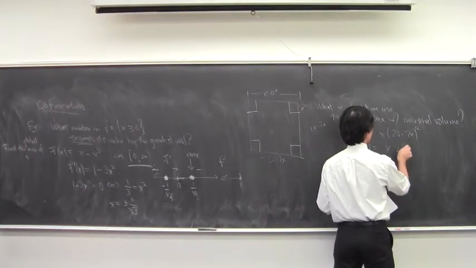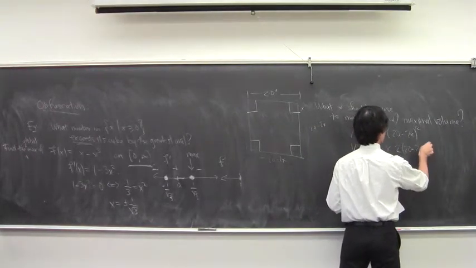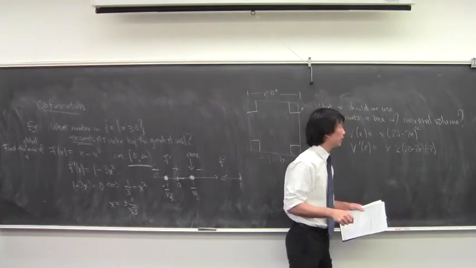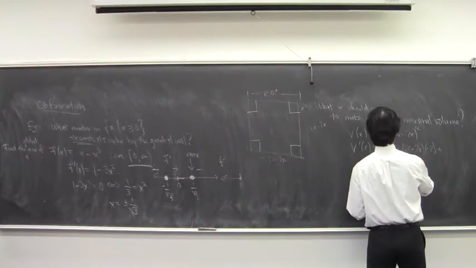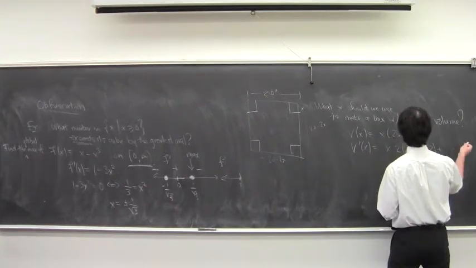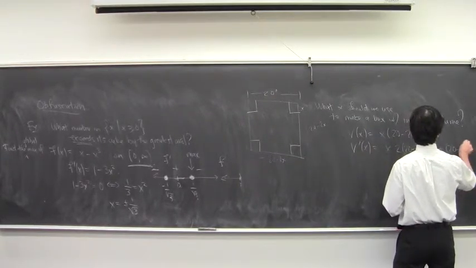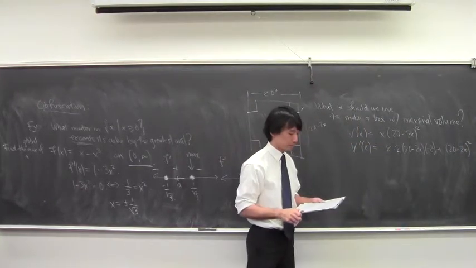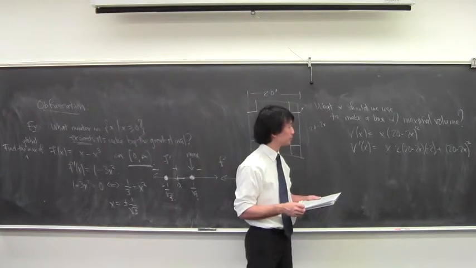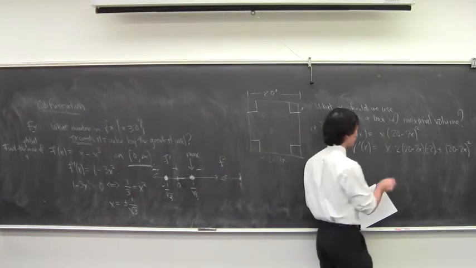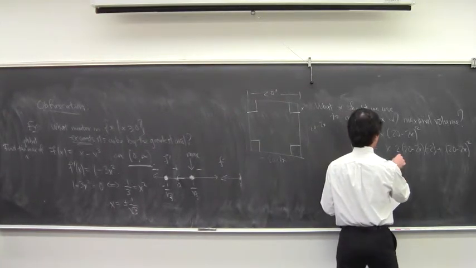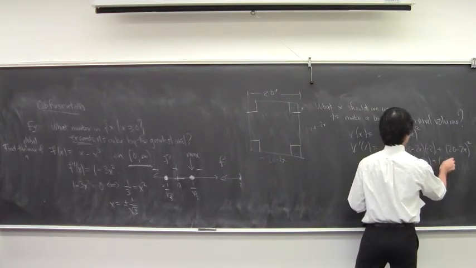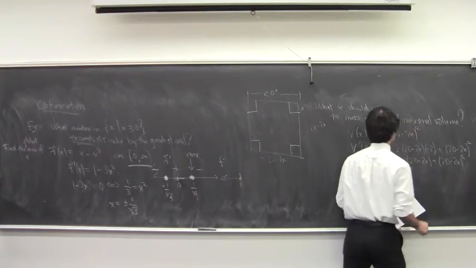So you get 2, 20 minus 2x times minus 2, right? So it's first times the derivative of the second, plus the second guy times the derivative of the first. And so you get negative 4x times (20 minus 2x) plus (20 minus 2x) squared.